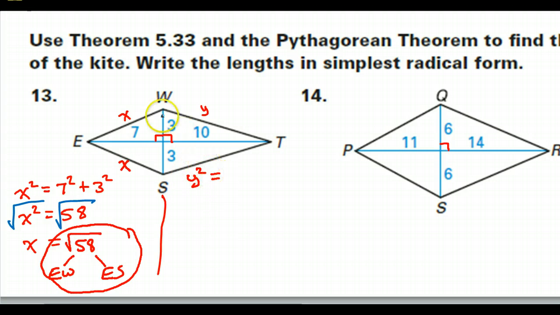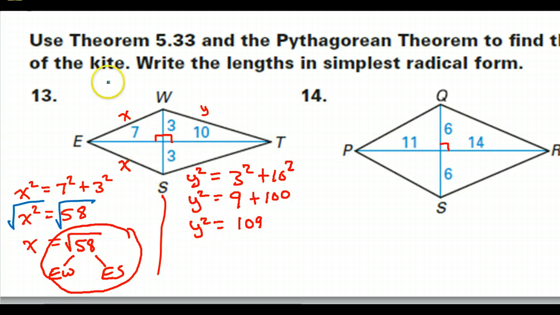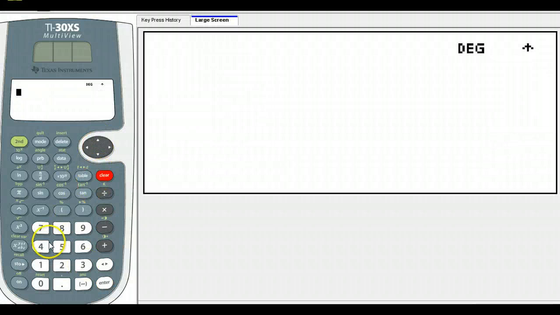Alright, c squared is equal to a squared plus b squared. So that would be 3 squared plus 10 squared. That's going to be 9 plus 100, so that's going to be 109. If I take the square root of both sides, y is going to equal, will that simplify?